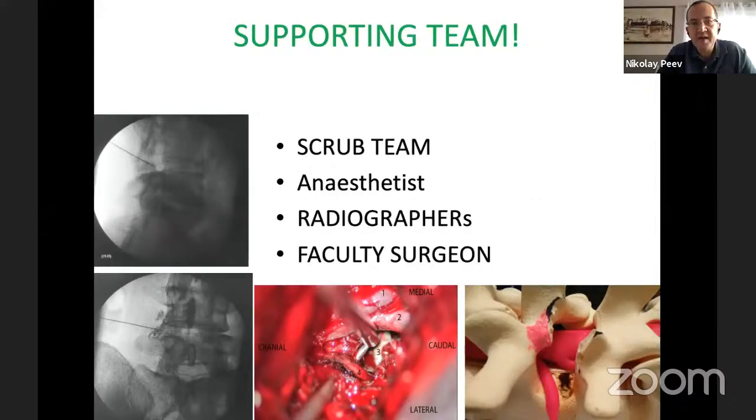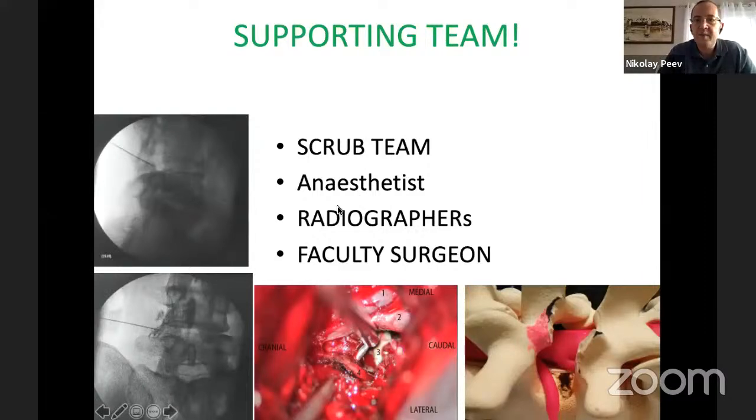Supporting team is very important. If you are starting a new technique, you definitely need a good scrub team that is aware of the instruments and is aware of the routine, and you don't need to divide your attention to tell them what to do.